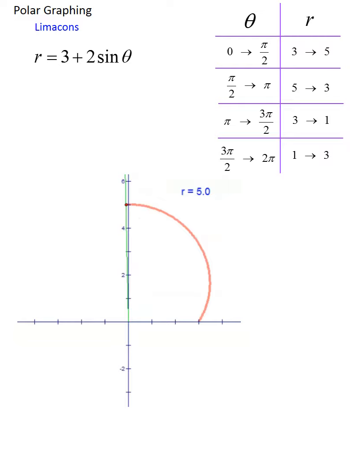Then in quadrant 2, R will go from 5 to 3. Quadrant 3, R goes from 3 to 1. And quadrant 4, R goes from 1 to 3.